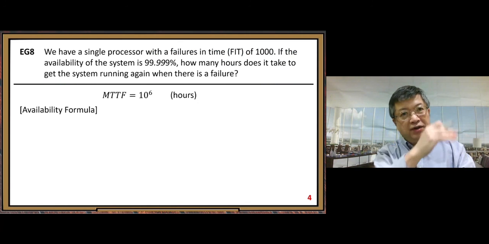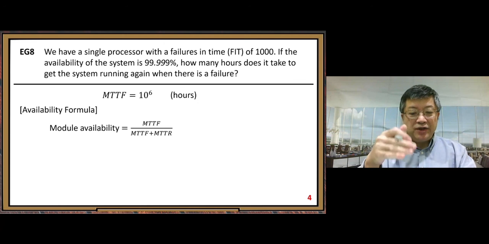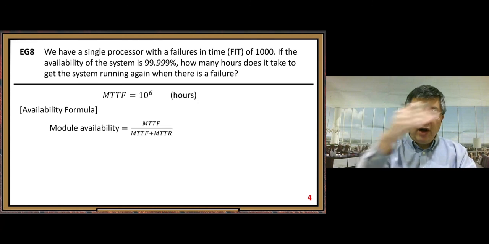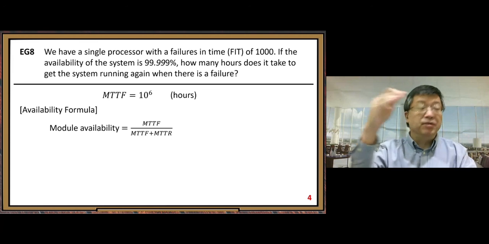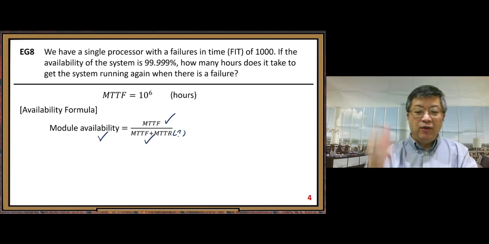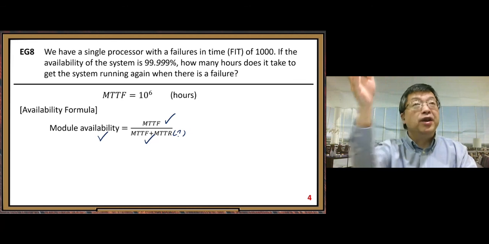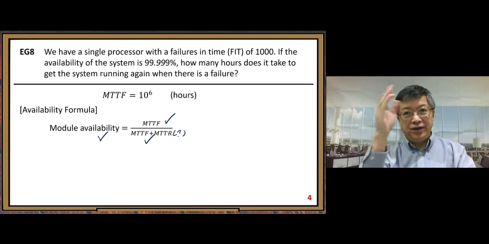Availability formula first: module availability is MTTF over MTTF plus MTTR. MTTR is unknown, but MTTF is known and availability is also known. We can solve this equation for MTTR easily, right?